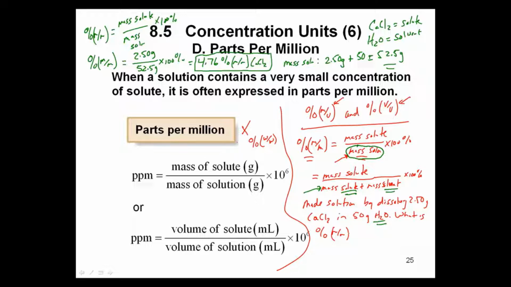That's a little bit different than the other two, the ones that have volume on the bottom. In most problems dealing with volume, you would be given the entire volume of the solution. It's usually not broken up for you.